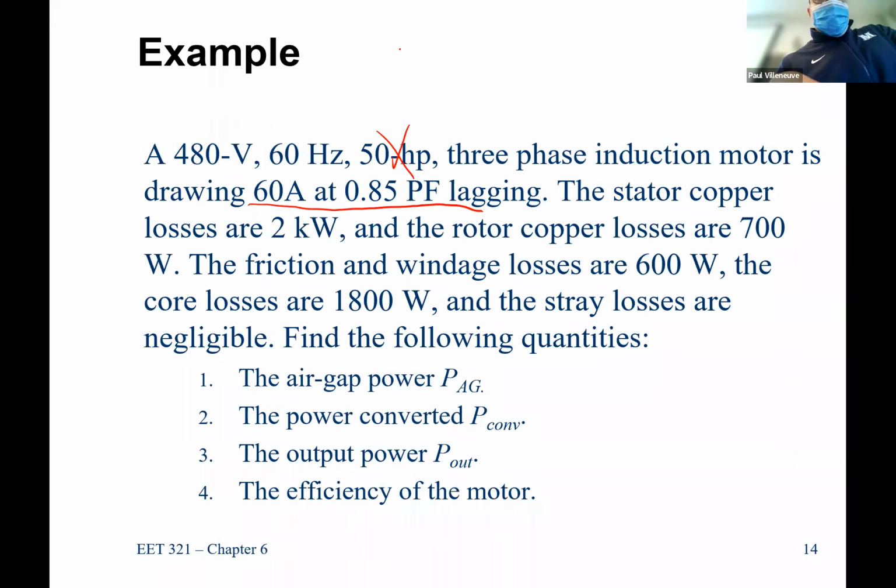All right, so let's go ahead and start doing our diagram. So here's our input power: square root of 3 times 480 times 60 times 0.85, right? Because that's our power factor. So that's the actual input power. What's the next thing that drops off?